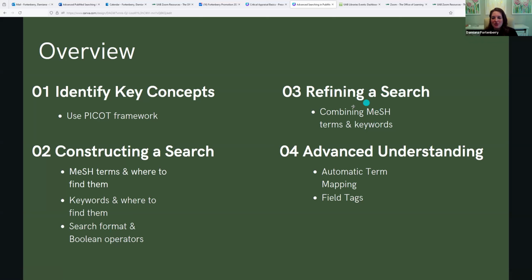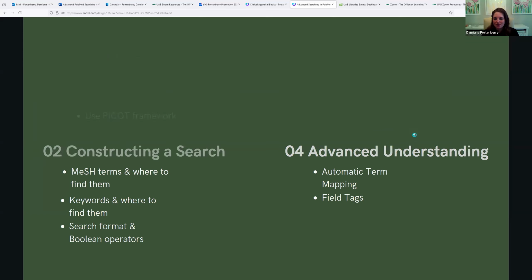So when you put them together using nesting, making sure that everything is clean and put together nicely so that the search is as optimal as it can be. And then we're going to talk about what automatic term mapping is in PubMed and field tags as well, to really refine and tease out those concepts that you really want to see in your search.